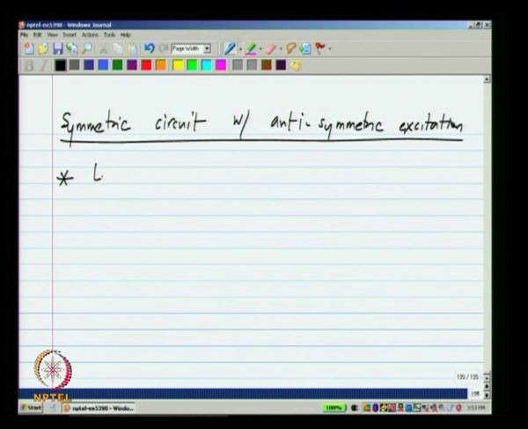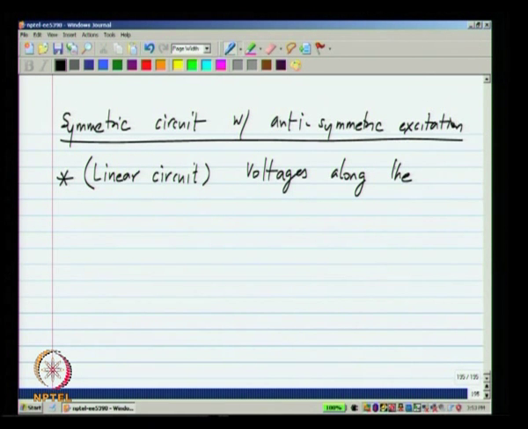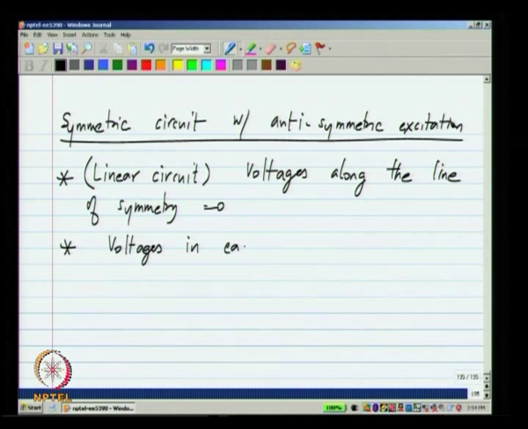So, if the circuit is linear, which could be a linear circuit by itself or the small signal equivalent of a nonlinear circuit, the voltages along the line of symmetry and the voltages in each half are antisymmetric.